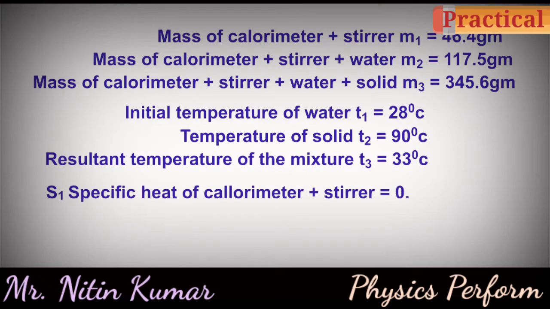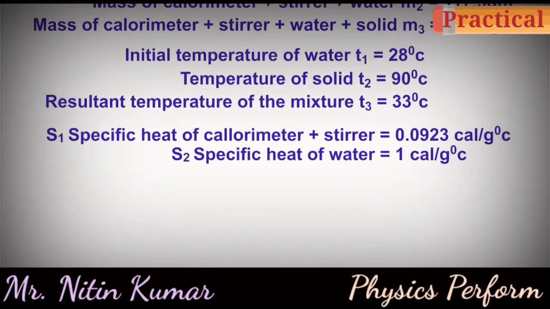S1, specific heat of calorimeter plus stirrer, is 0.0923 calories per gram. S2, specific heat of water, is equal to 1 calorie per gram.